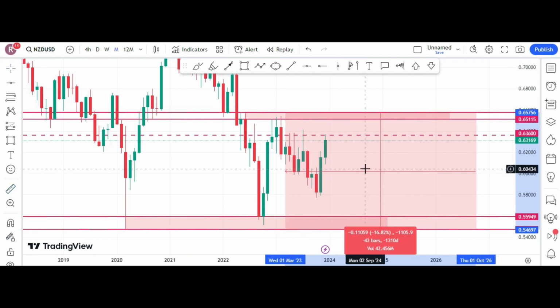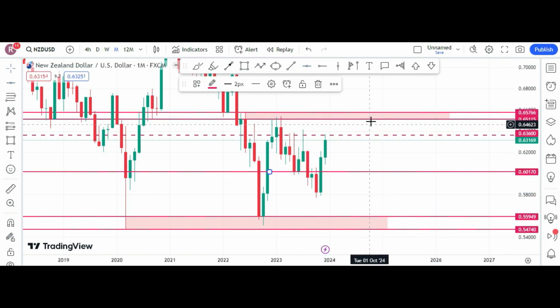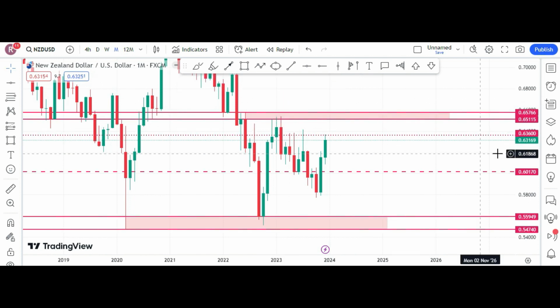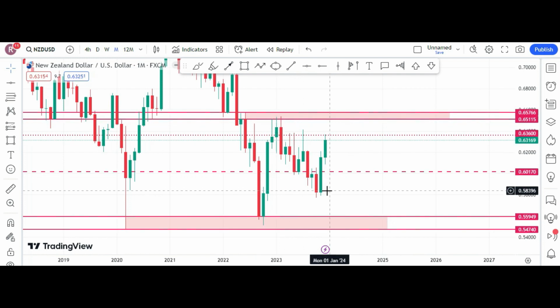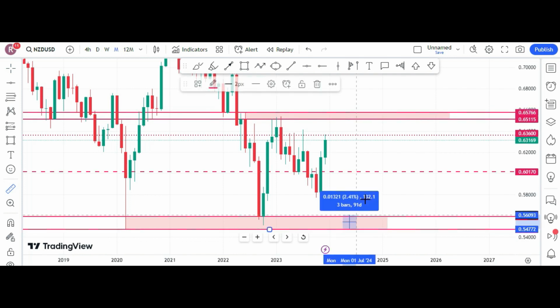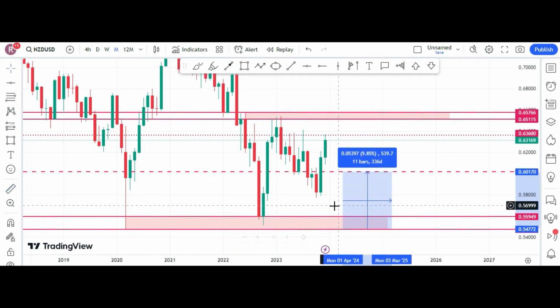The 50% of this double top and double bottom is here. Let's put it in a dashed line, and let's put the bigger one in a dotted line. It came down, fulfilled 50%, and it may even have fulfilled the 75% from the top, as we can see.